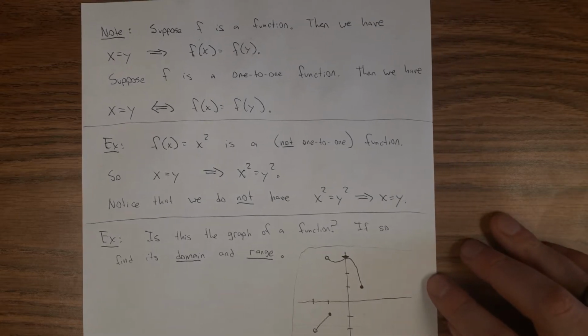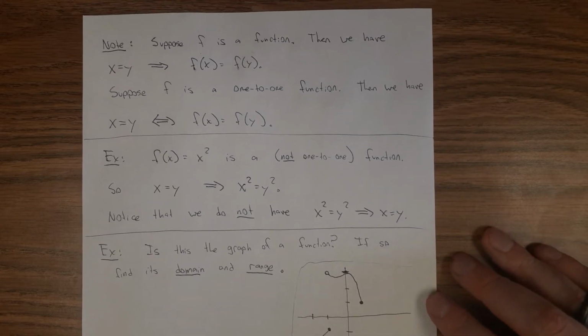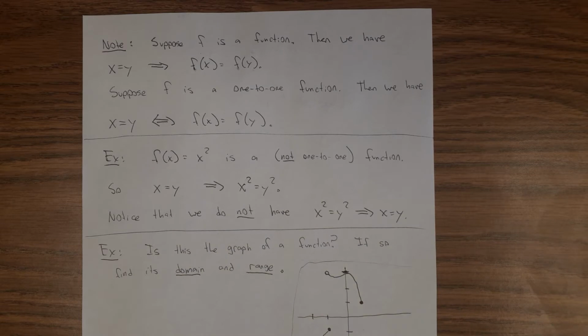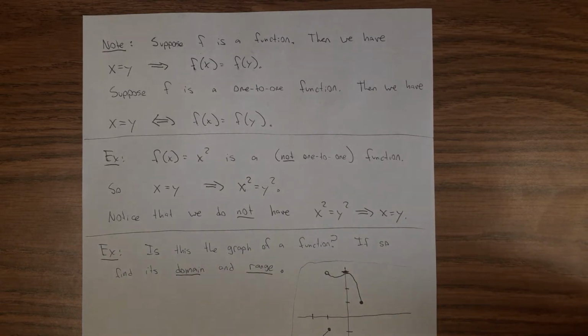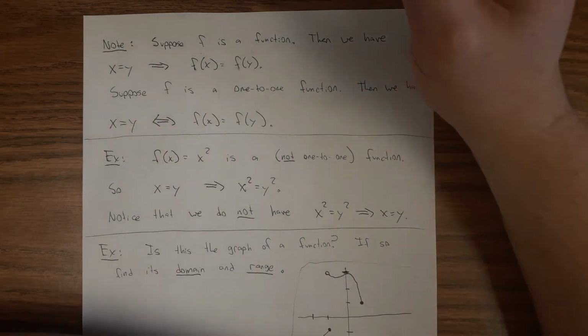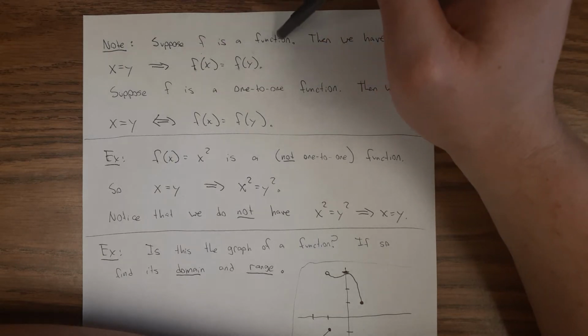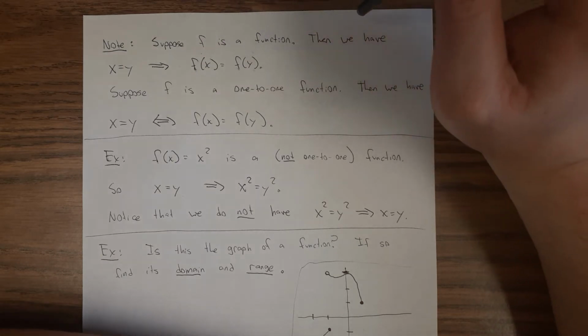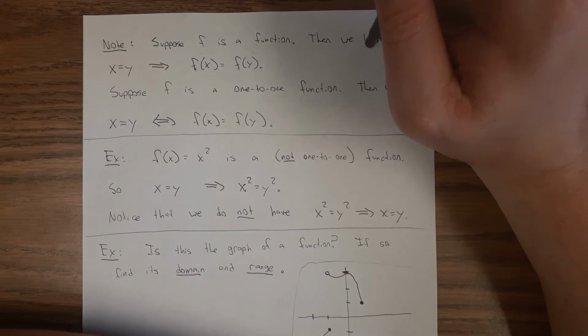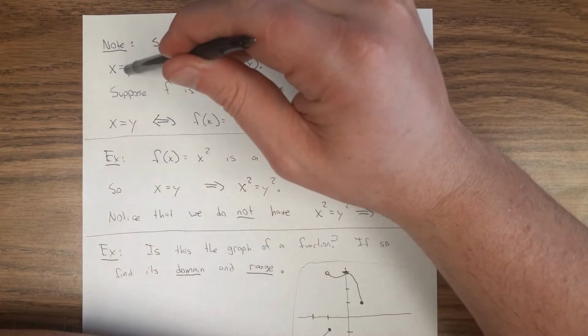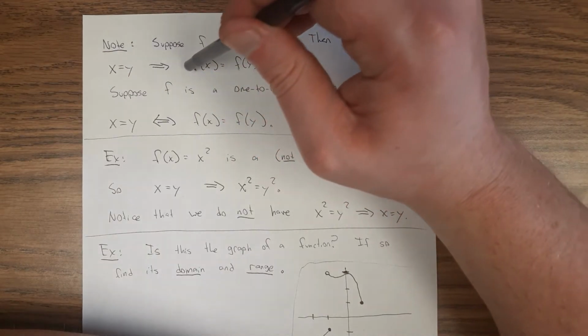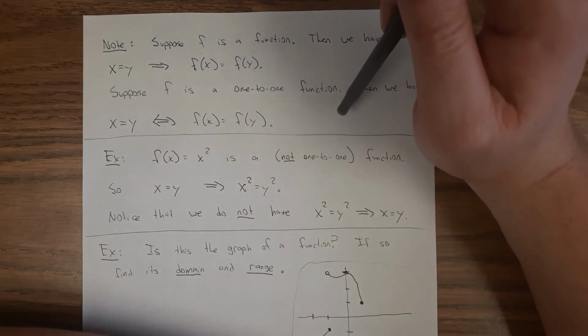So a word about this, because in the last lecture I was talking about basic logic, and now I'm talking about one-to-one functions. So let me tell you something kind of neat. First of all, for any function, it doesn't even have to be one-to-one. So say we have any function f. Then we have x equals y implies f of x equals f of y.